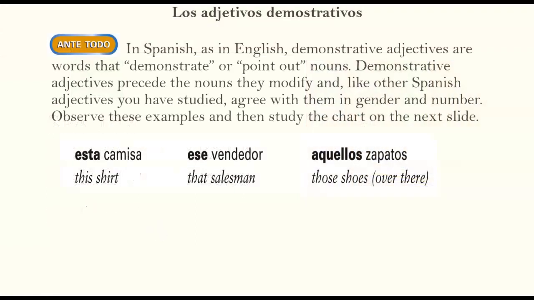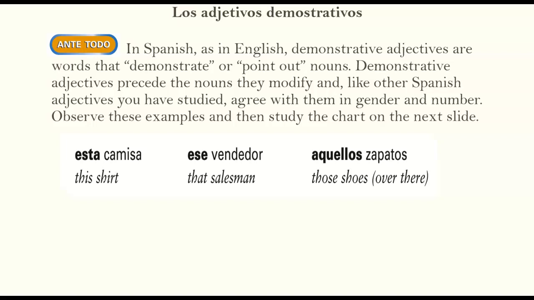Y los adjetivos demostrativos, ante todo, in Spanish, just like in English, demonstrative adjectives are words that demonstrate or point out nouns. Demonstrative adjectives are different than many other adjectives because they precede, they come before the nouns that they modify. But like other Spanish adjectives that you have studied, they also agree in gender and number.